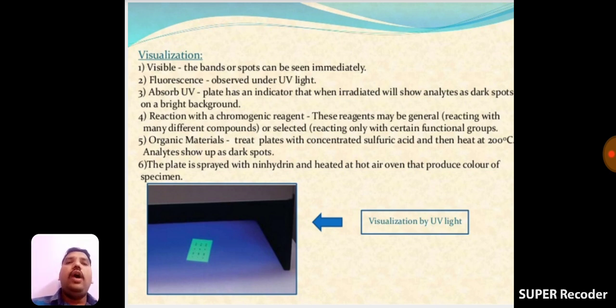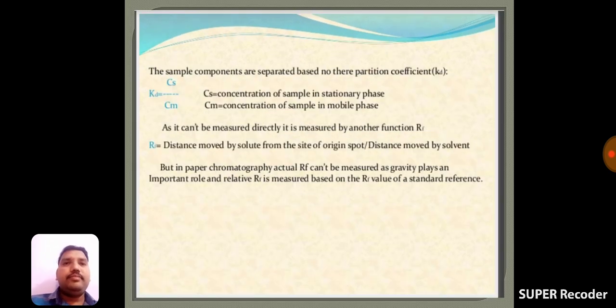Analytes show up as dark spots. The plate is sprayed with ninhydrin and heated in a hot air oven, which produces the color of the specimen. So this is visualization by UV light.